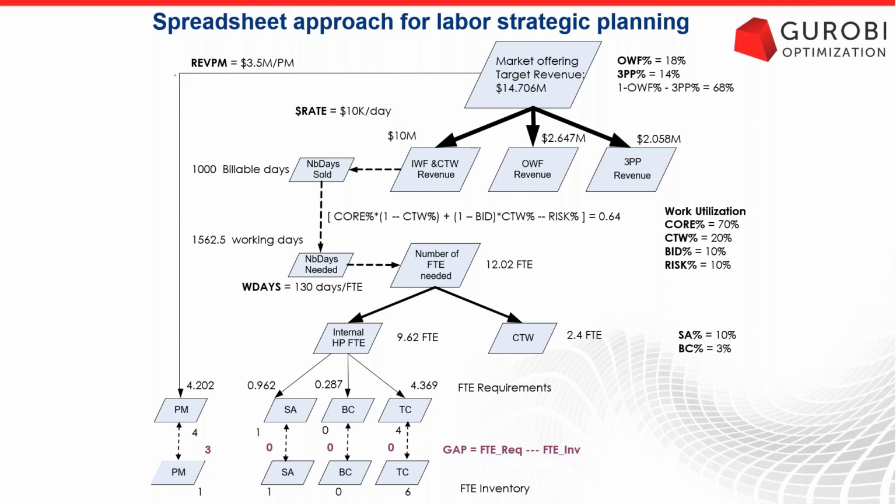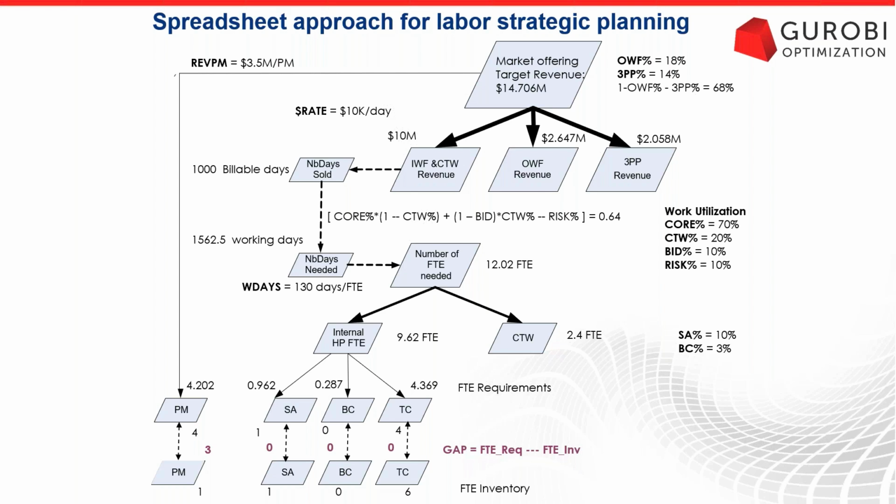And the forecast for the next 6 months is $14.7 million. So you allocate based on the contracts that you have 14%. Then you say we want to allocate 18% of this revenue forecast to offshore resources, and this represents $2.6 million.